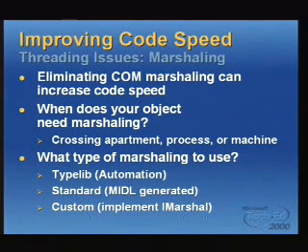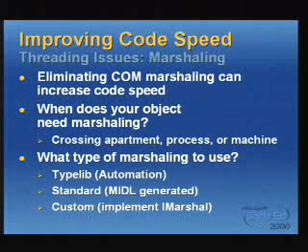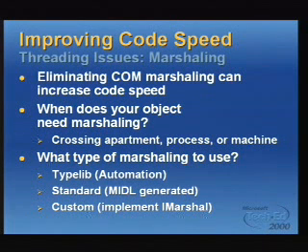Now the third type is what we call custom marshaling. And this is for that last 1% of you who have very specific and unique needs. This is where you get to go in and implement IMarshal yourself. And you might do this because you've got a heck of a lot of data to move.